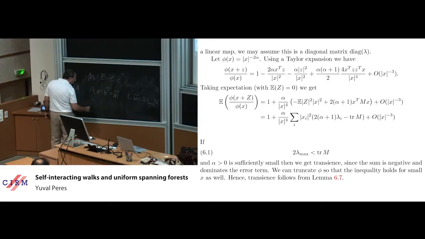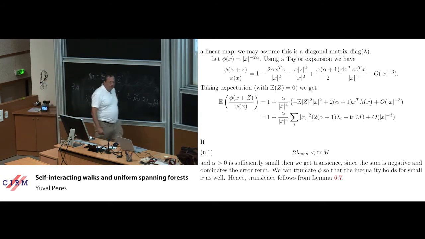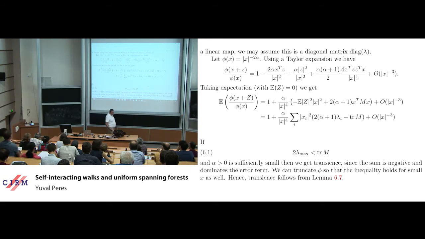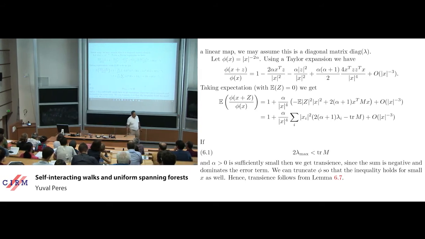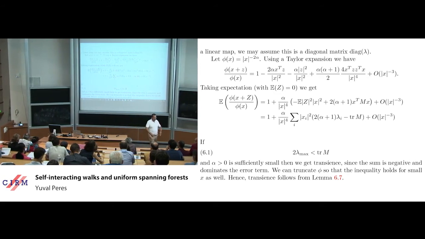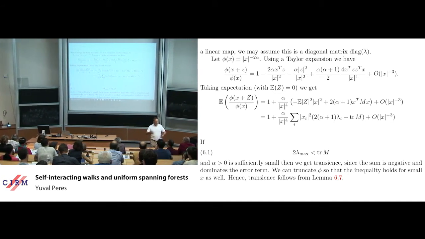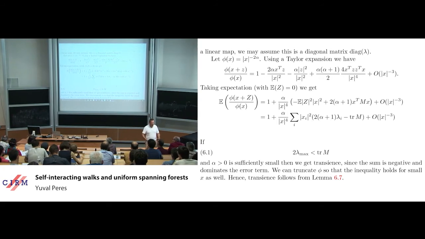Now, what is this M tilde? M tilde is the covariance matrix of a new process, which is just obtained by applying the matrix A to the original process. Because A is invertible, transience of X tilde is equivalent to transience of X. So this gives you one proof that for any random walk with any non-singular covariance matrix, you get transience.